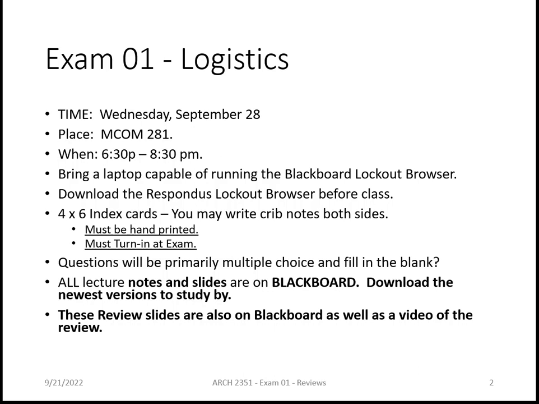So, exam review slides. And if this actually turns out to record, then there'll be a recording of this. Whether you want to watch it again or not, I don't know, but maybe at double speed or something.